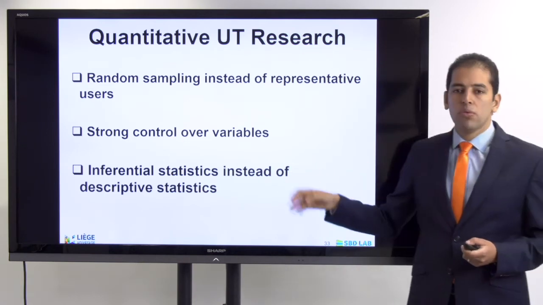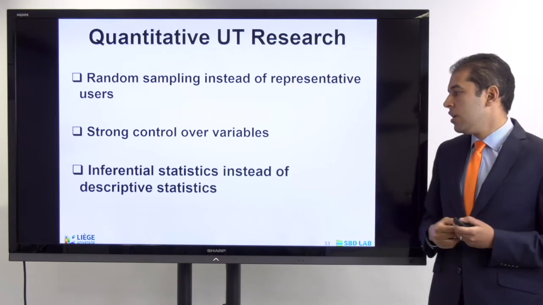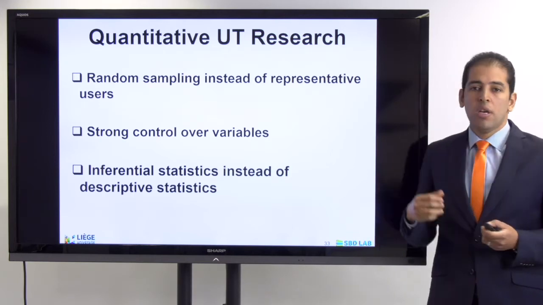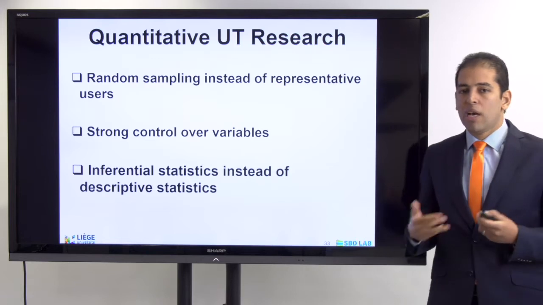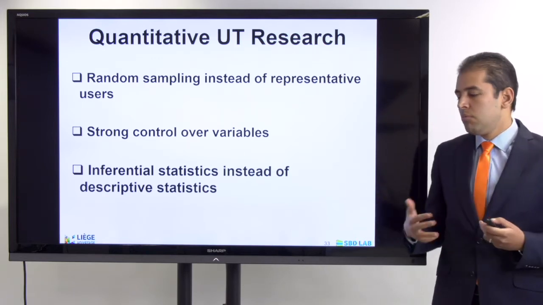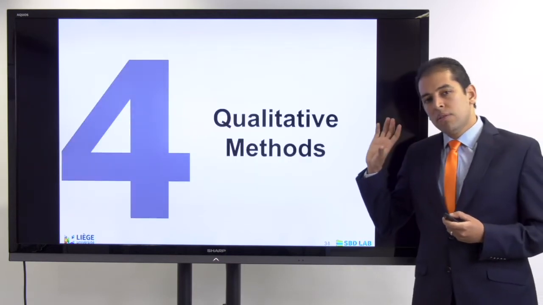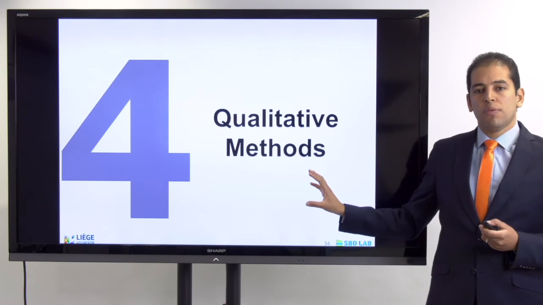So here you are going to inferential statistics with correlation, probability calculations, rather than just descriptive on the anomalies or on the normal distribution and mean and median and so on. Now, you have an idea what is quantitative usability testing.